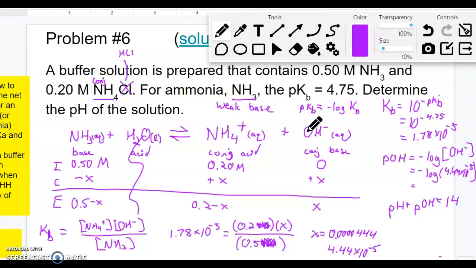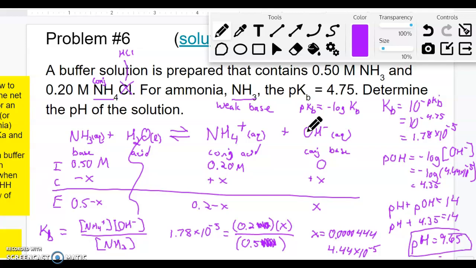I get that pOH is equal to 4.35. And so I know that the pH plus 4.35 have to add up to 14, so that I can figure out my pH is actually equal to 9.65.